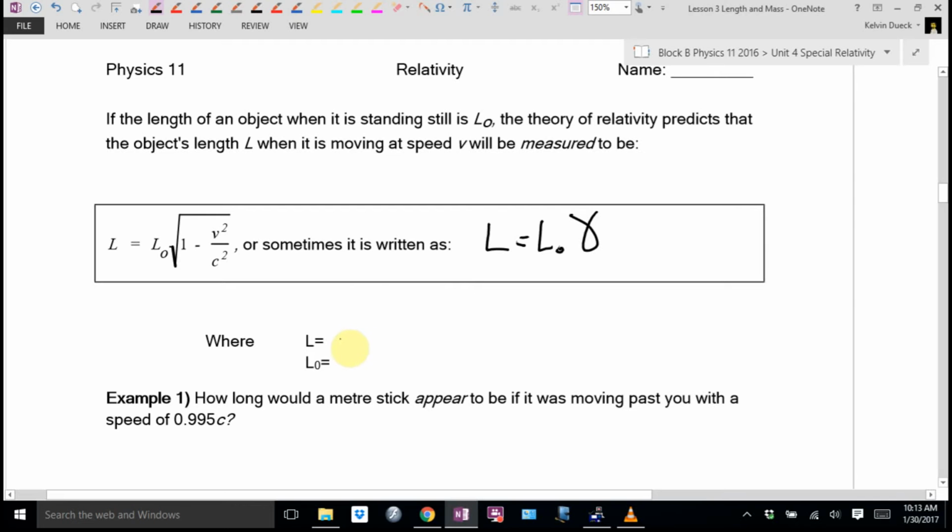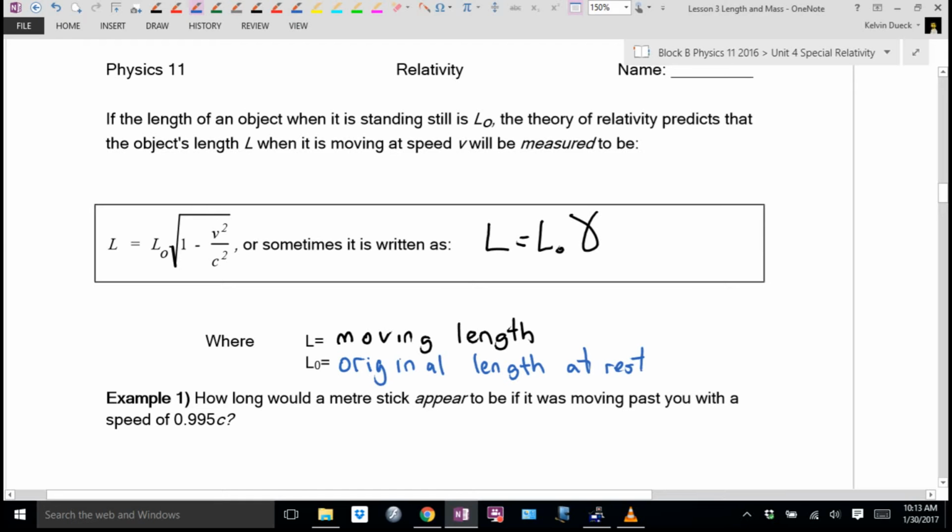Where L is the moving length and L0 is the original length at rest. There's a bit of a problem here, unfortunately.